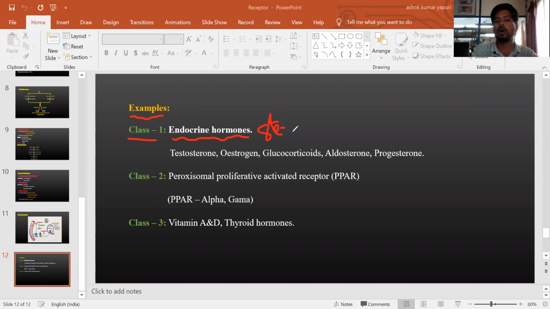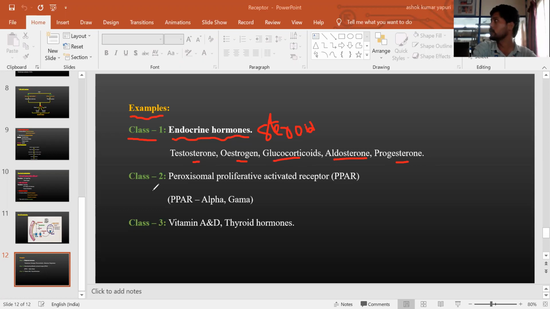As you know, all steroids commonly contain cyclopentanoperhydrophenanthrene. So all these steroidal hormones like testosterone, estrogen, glucocorticoids, aldosterone, as well as progesterone are steroidal in nature. They bind to the nuclear receptors for their biological action.